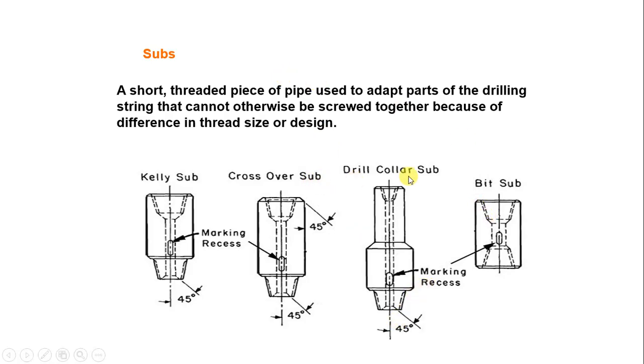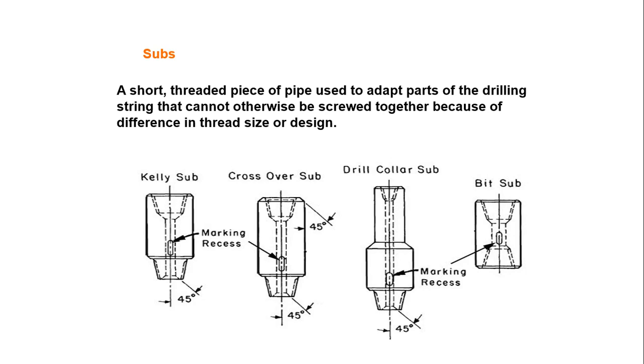Number two, the drill collar sub. This is drill collar sub. It's put in the drill collar as you see here, so it acts as a lifting sub or whatever. Crossover sub. What's the crossover? Crossover is mainly used if we have a component with thread XT54, for example, and we have the jar with thread 4.5 IF.